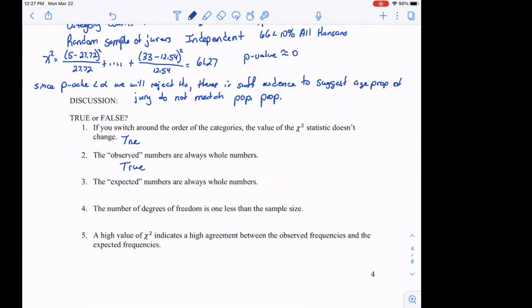Your expected counts are always whole numbers. That is false. They can be decimals. The number of degrees of freedom is one less than the sample size. It is what?